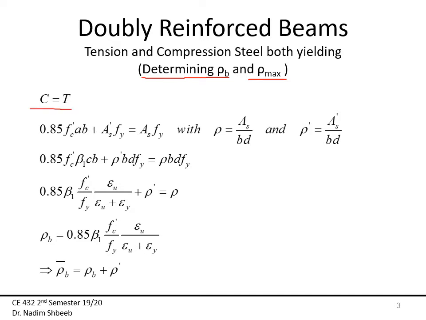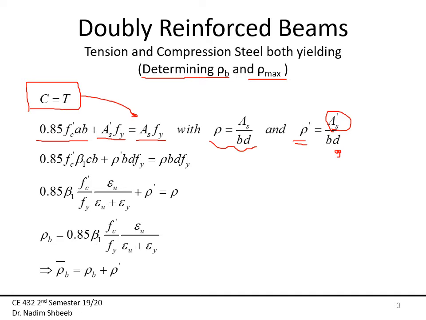So for that, I'm going to use compression is equal to tension again. So my compressive force is simply 0.85 F prime C AB plus A prime S times Fy, and that's going to be equal to my tension force, which is AS times Fy. Now, we're still going to introduce rho as being AS divided by BD, but now I'm going to introduce a new rho, which I'm going to call rho prime, and that's simply going to be A prime S divided by BD.